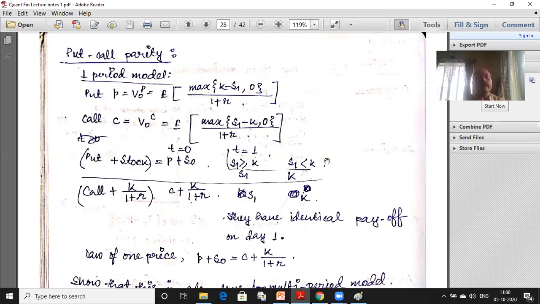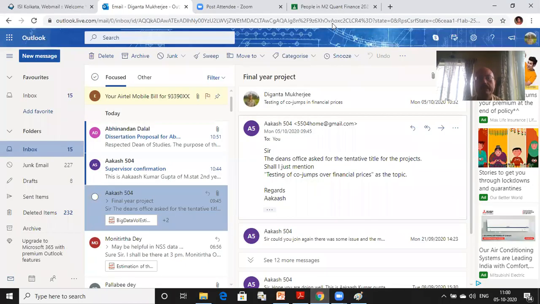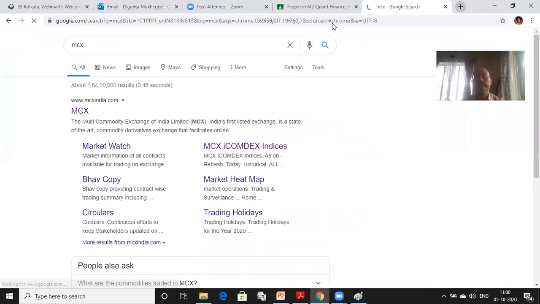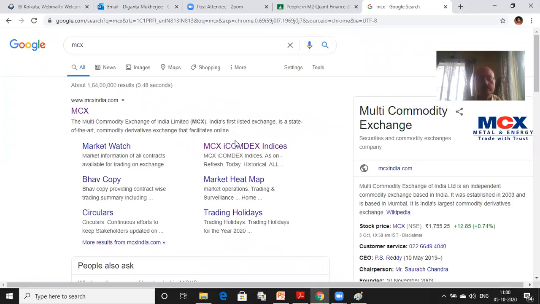I can just give you a quick example. If you visit the Multi Commodity Exchange, MCX, it's a digression, but I think it's fine. So let me go to MCX. MCX has a commodity index.